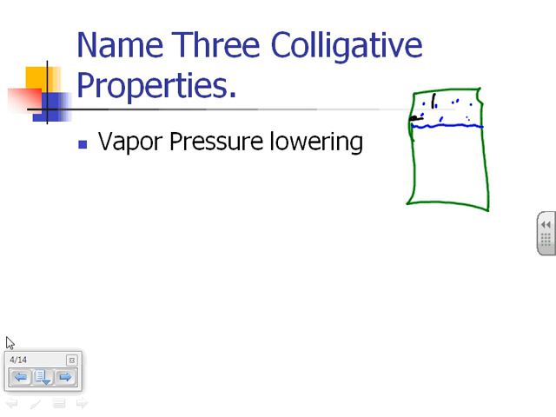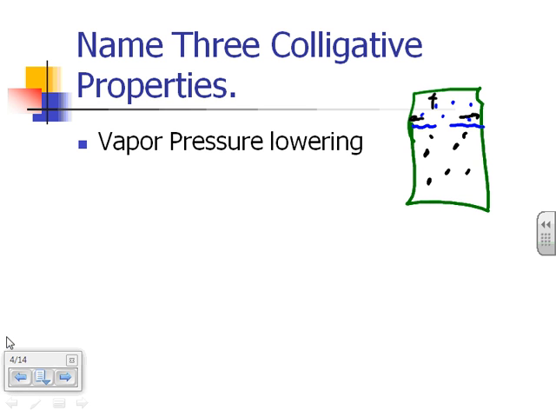They're banging against the sides of the container, causing pressure, and that's what vapor pressure is. When you have things that are dissolved in here, that's going to lower that vapor pressure, so you'll have fewer particles in this area up here.